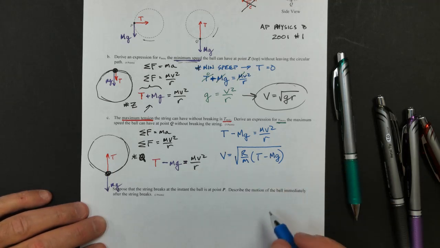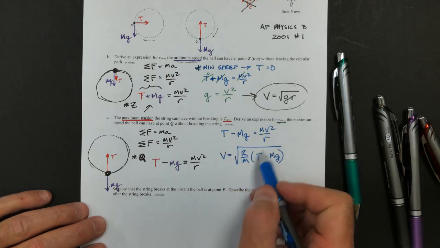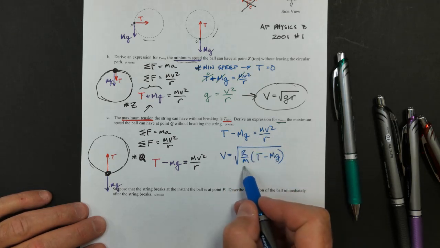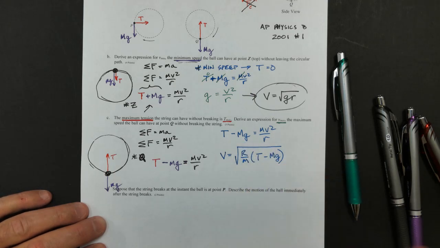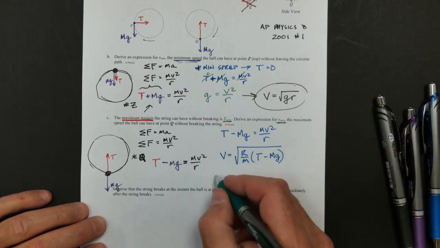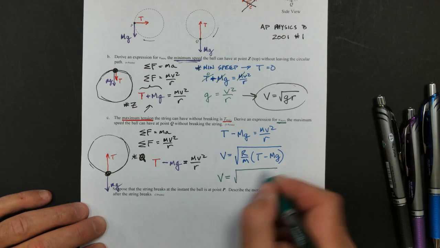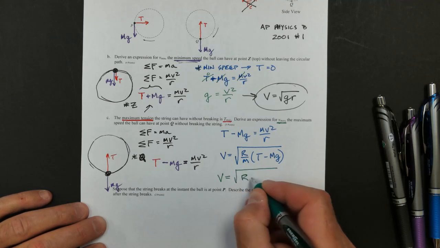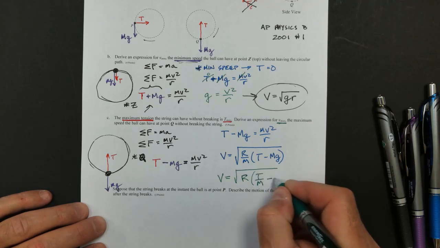Now, if you ended up combining the terms with the m's, notice there are two m's in this expression. They're the same m, but they appear in two places. You might have come up with something different. A common alternative answer might be v equals the square root of r times the quantity T over m minus g.